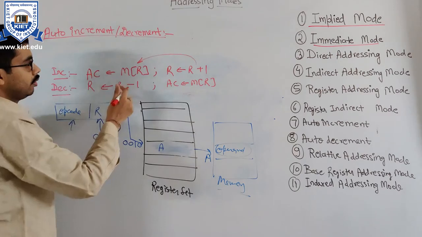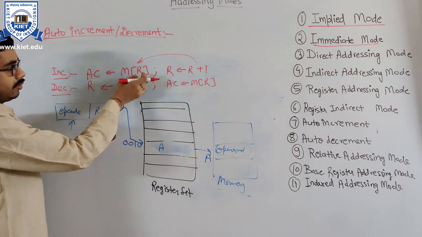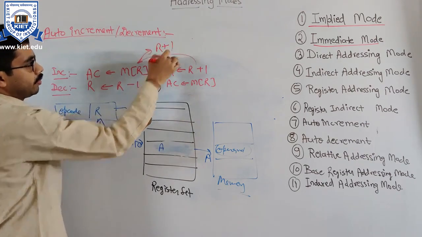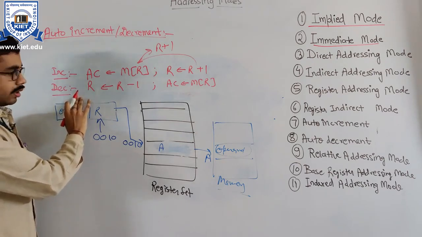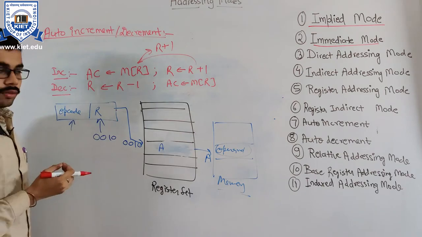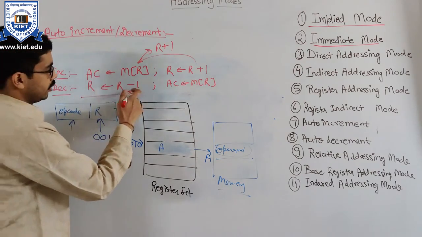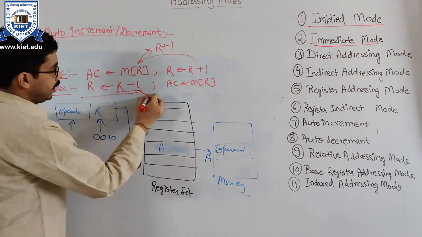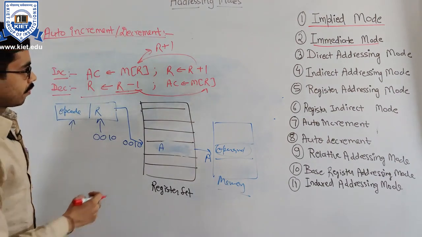After that it will be r plus 1. But in case of auto decrement, it basically does the pre-decrement of the register value. So it will first decrement the register, so the value becomes r minus 1, and that will be given to the accumulator.